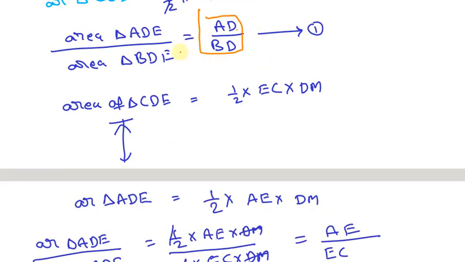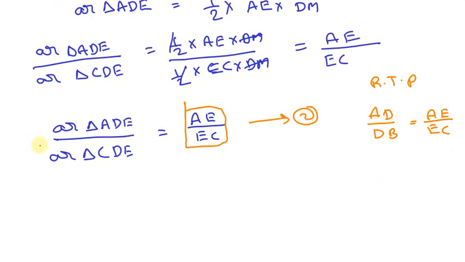To do that, if we are able to show that the LHS parts of these two equations are equal, then we can say the RHS also equal. For this, we have to compare the LHS parts of both equations.